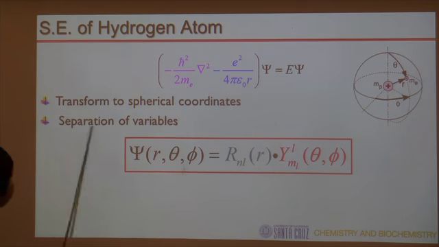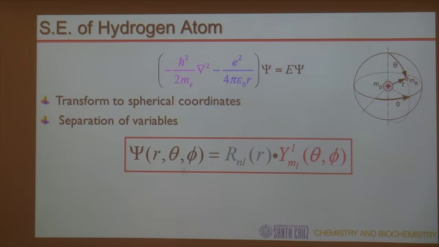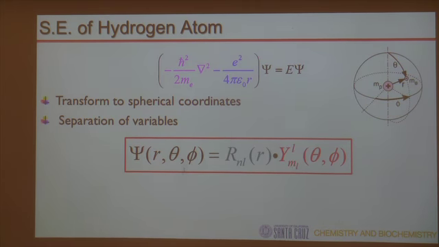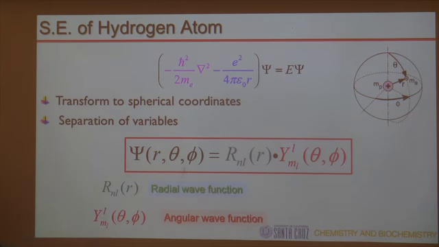We need to use this trick to separate them into 3 parts, or here it shows 2 parts. The first part involves just the r. This one is called the radial wave function, or the radial part of the wave function. The remaining part involves theta and phi, and is called the angular part, or angular wave function.